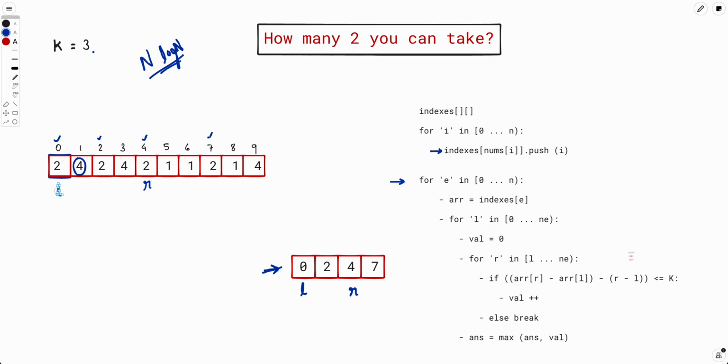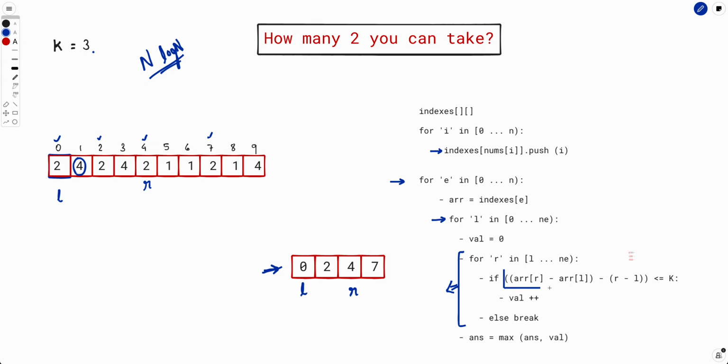So basically we will take this L, this L, this L, and this L at once. So that's what we have done in the implementation. We simply take the element, we take all its indexes, now we try all those L's at once. Now for all those L's, this is the linear search that we were doing previously. We can simply replace this with binary search and we will get the answer, right?